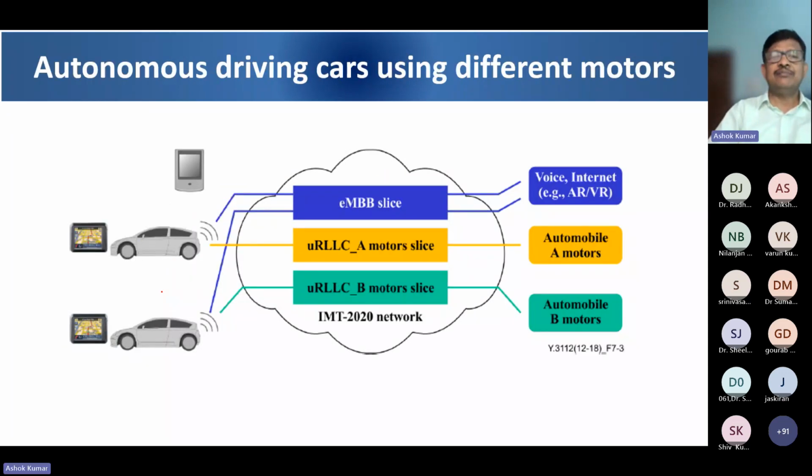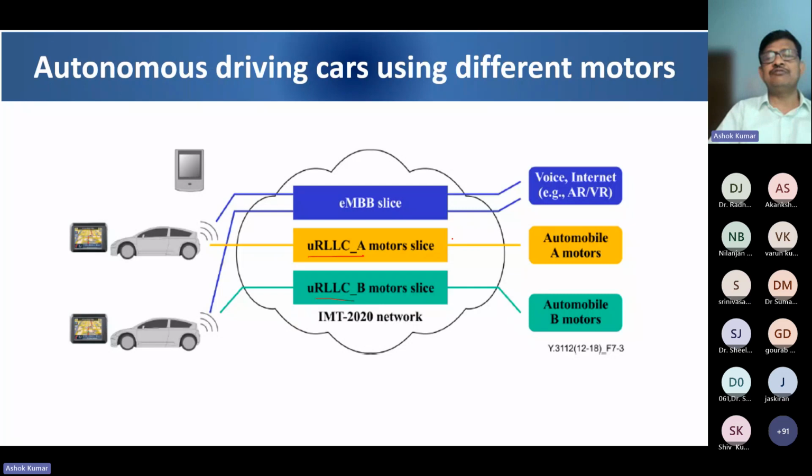Okay, another example which was discussed in that particular framework document. Suppose you have different slices. For example, I have two slices for URLLC, A and B. A is for, say, one company.